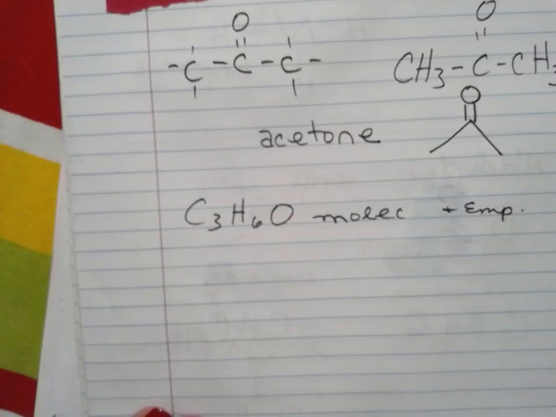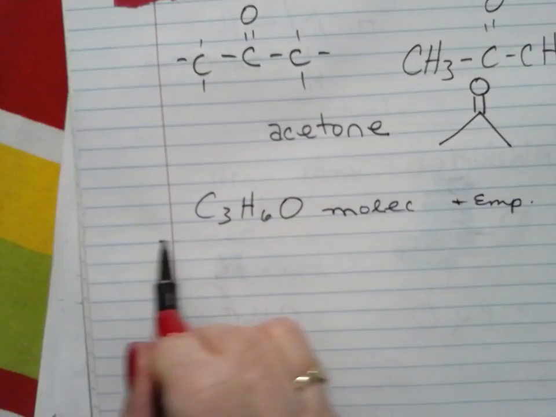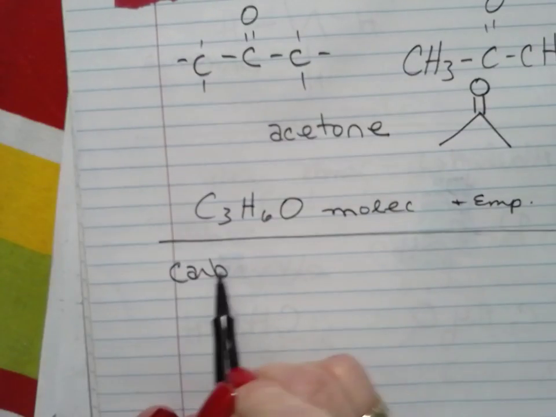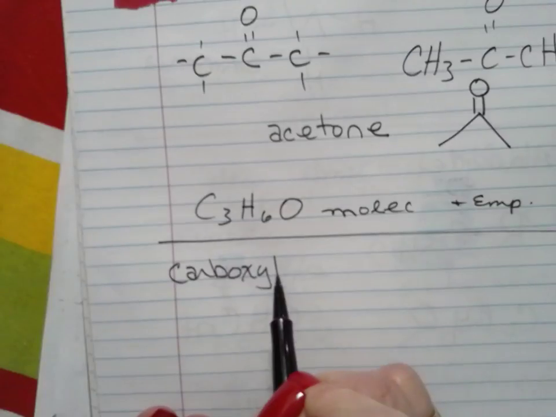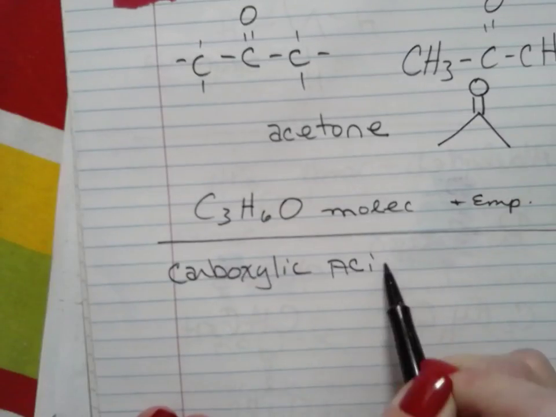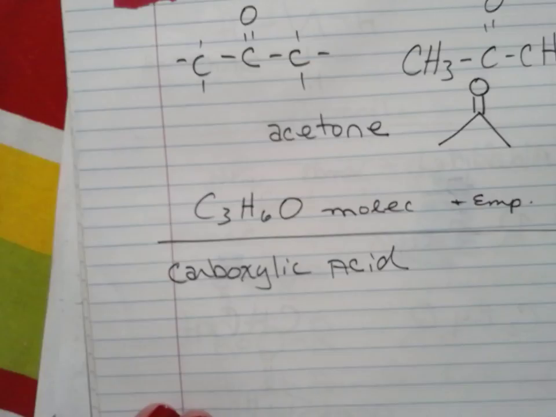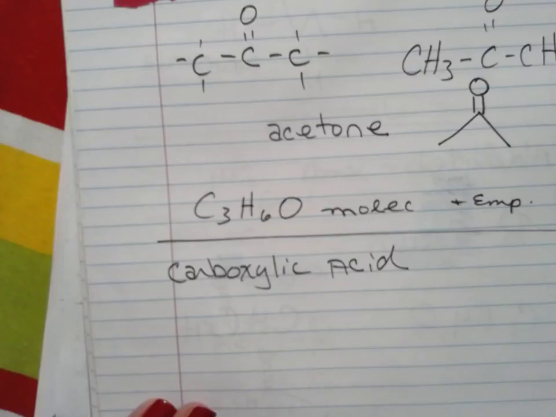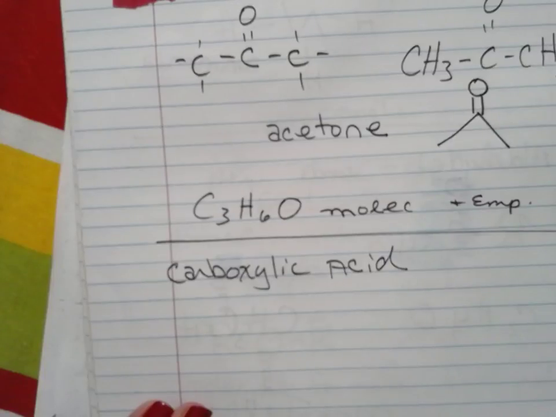All right. Let's take a look at a carboxylic acid. Carboxylic acids are really important. If you look back at biology, when we deal with proteins, I don't know if you remember this or not, but proteins have three components to them. They have that R group, they have a carboxylic acid group, and they have that amine group.